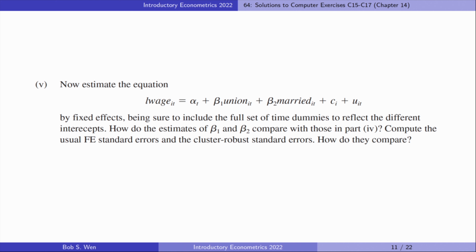In Part 5, we estimate the model by fixed effects. How do the estimates of beta 1 and beta 2 compare with those in Part 4? Compute the usual fixed effects standard errors and the cluster robust standard errors. How do they compare?